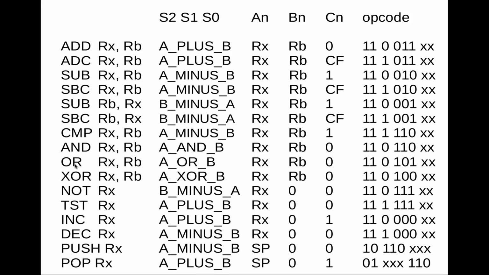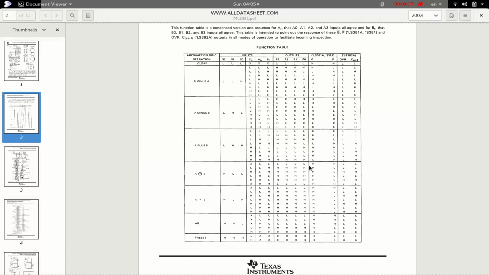So for example, these logical operations here, AND and OR and exclusive OR, so okay, we can set our opcode to a 0 here in the carry, whether we want to take into account the carry or not. And then we can set our operation code here to A and B, or A or B, or A exclusive or B. And so these are indeed the values which our chip defines here.